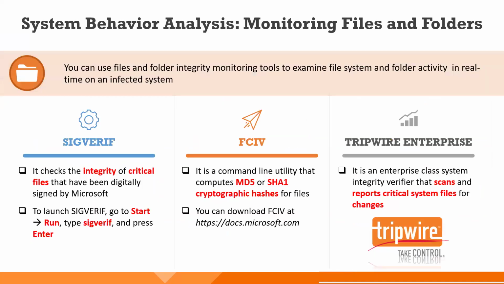You also have to monitor the files and folders so that you understand the changes, alterations, or modifications that were made to the files when the malware was being executed. Most of the time, the tools used are SigVerify, FCIV, FC4, then we have Tripwire Enterprise.